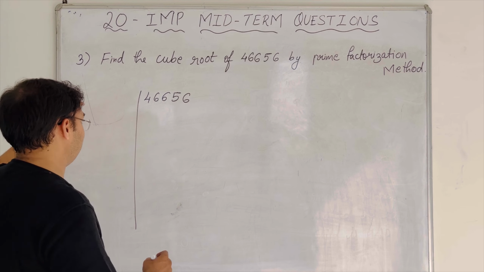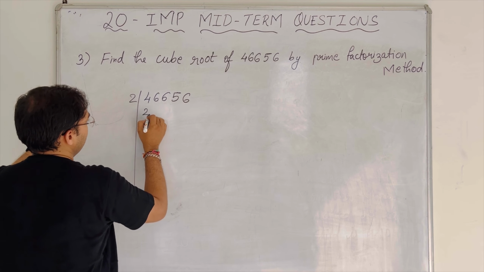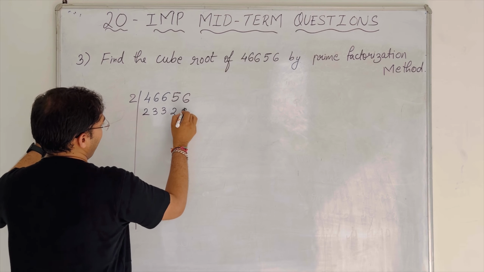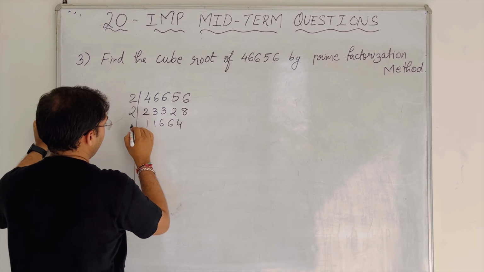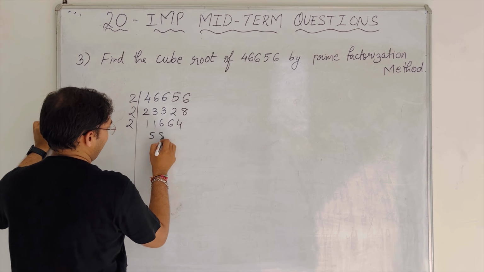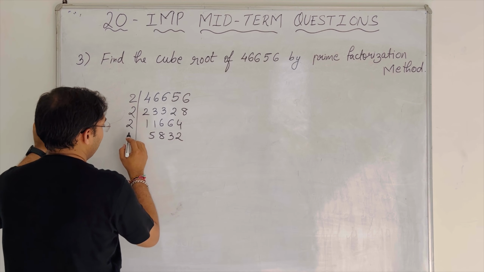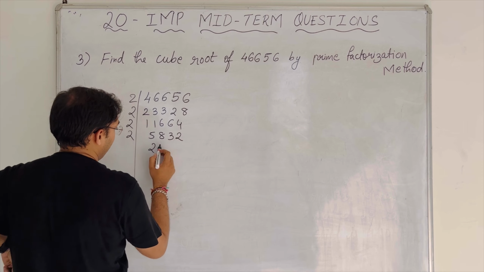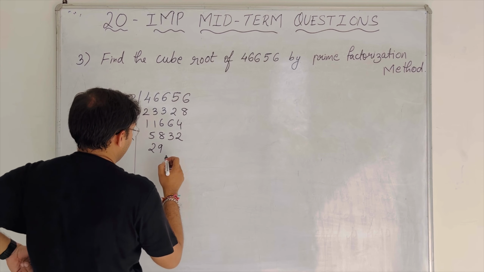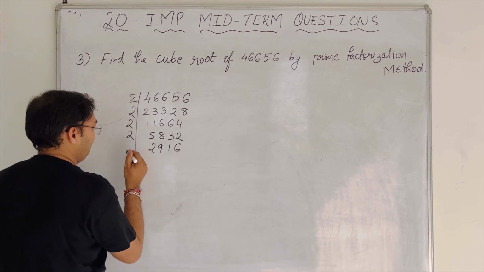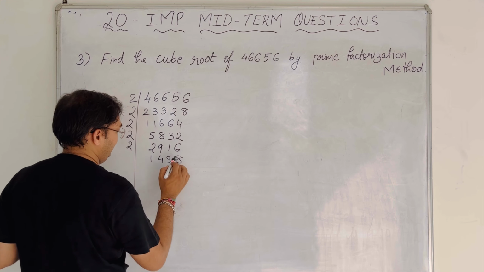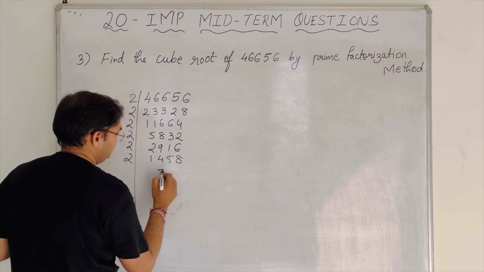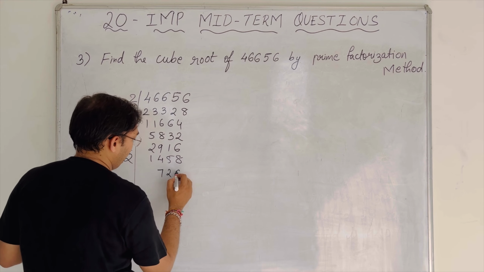The last digit is 6, which is divisible by 2. So we divide by 2 repeatedly, getting 23328, then 11664, then 5832, 2916, 1458, and 729.